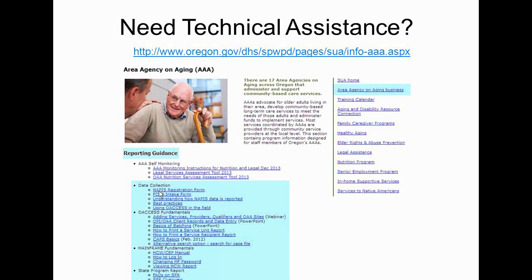Here is the most up-to-date NAPIS registration form, which we just looked at. It was updated in February for the federal poverty guidelines, and it's updated every February. So each year, at a minimum, this form gets updated and is available here.